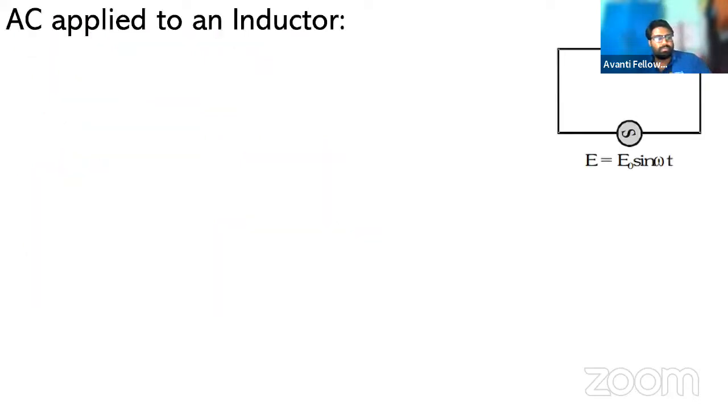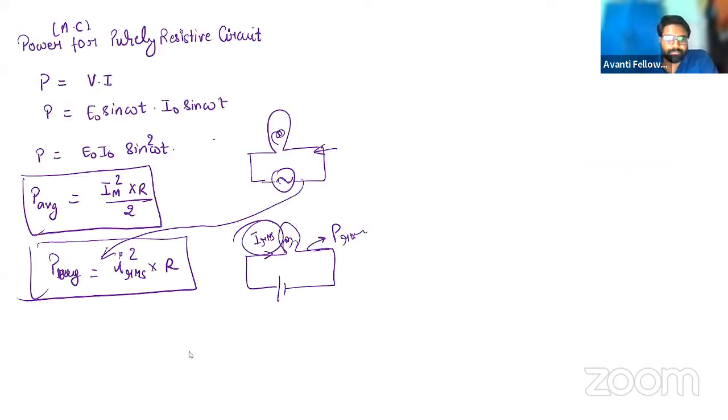Now we will be calculating it for inductive circuit, having AC applied to an inductor. या next class में करें, बताओ? Although the time is coming up, what you will say? Should we complete it or, guys? What do you say?